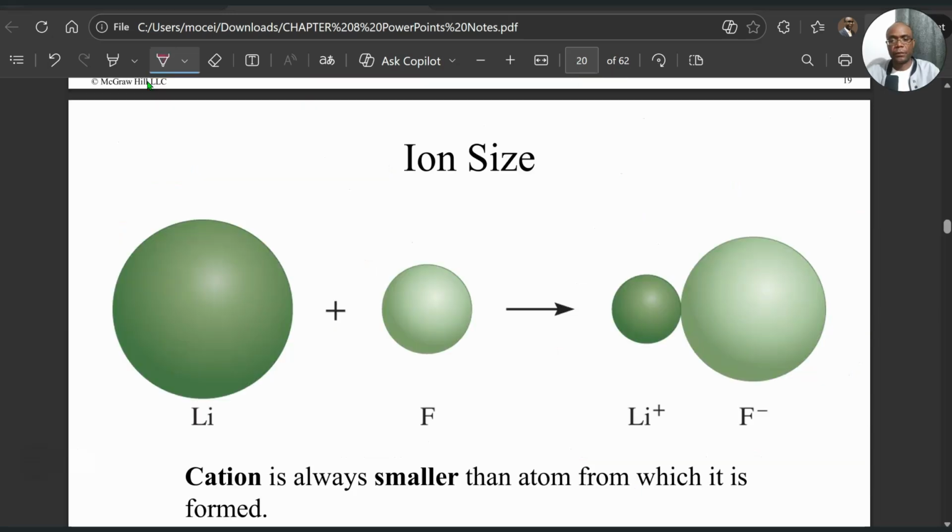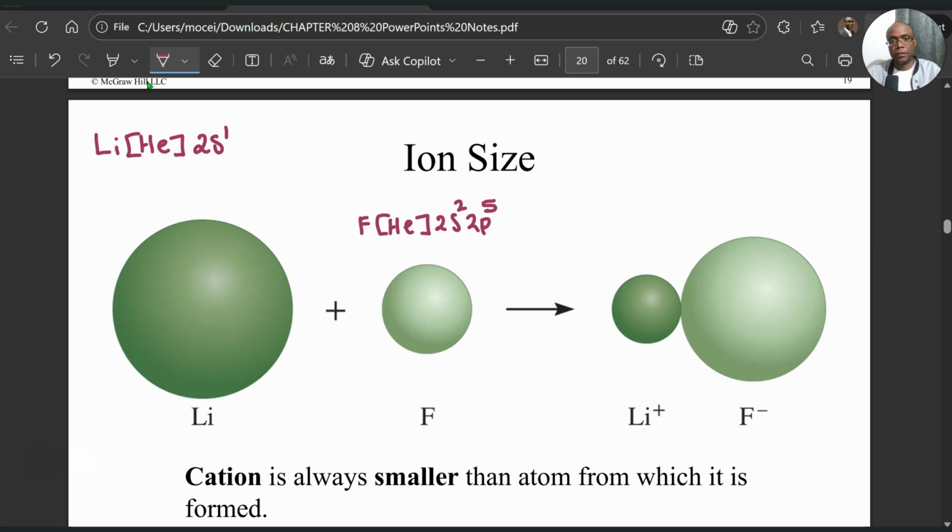Now let us compare a reaction between a metal and a nonmetal. We know that lithium has one valence electron, so it's helium 2s1. On the other hand, we know that fluorine has 7 valence electrons, which is going to be helium 2s2 2p5.